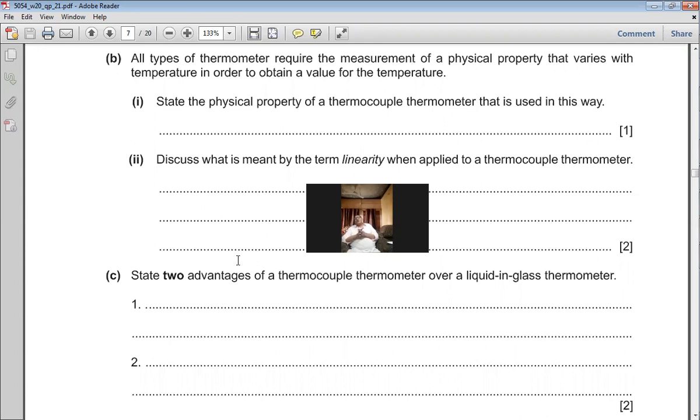If this is so, then we say that the thermocouple thermometer's scale is linear. So we will say that this graph shows the thermometer is linear. The scale is linear.